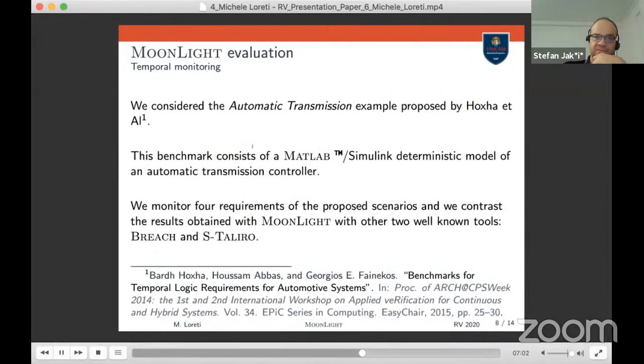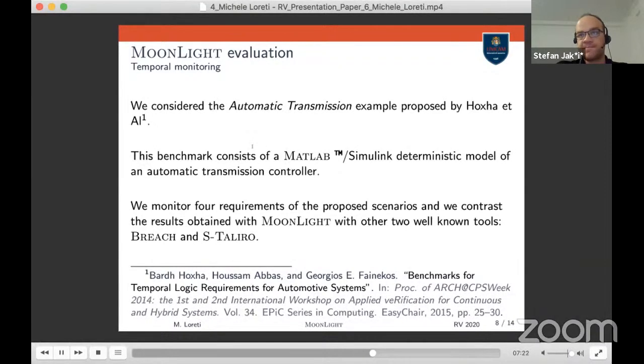To evaluate our tool, we considered a benchmark proposed by Oxa et al. in a recently published paper, where a MATLAB Simulink model is used to describe an automatic transmission.